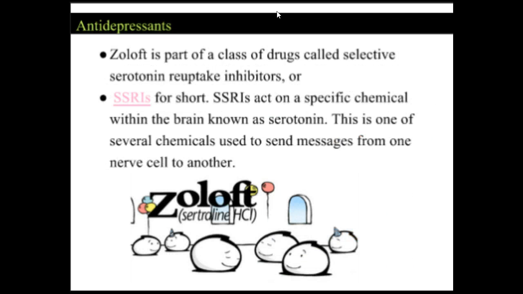Okay, so when we talk about Zoloft, it is a part of the class of drugs called selective serotonin reuptake inhibitors, or SSRIs for short. SSRIs act on a specific chemical within the brain known as serotonin. This is one of the several chemicals used to send messages from one nerve cell to another. So Zoloft actually messes with the neurotransmitters.